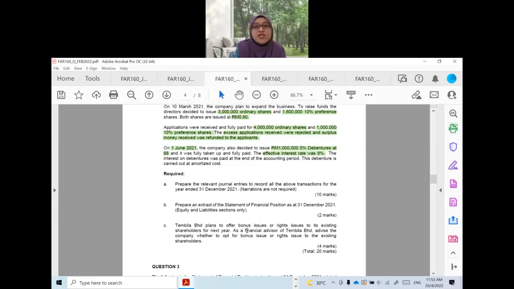As a financial advisor of Tembila, you have to advise the company whether to opt, meaning to choose, whether to proceed with bonus issue or right issue to the existing shareholders.